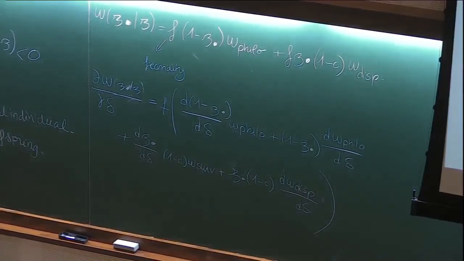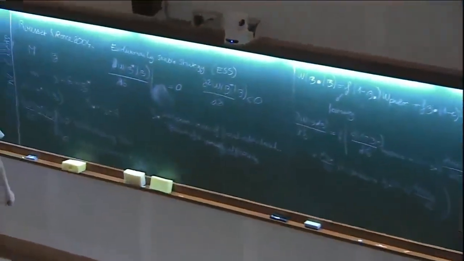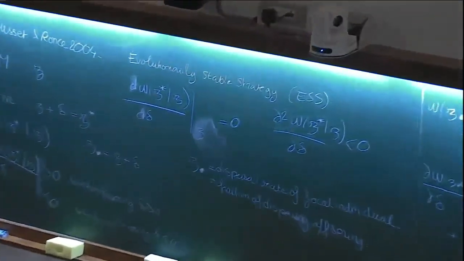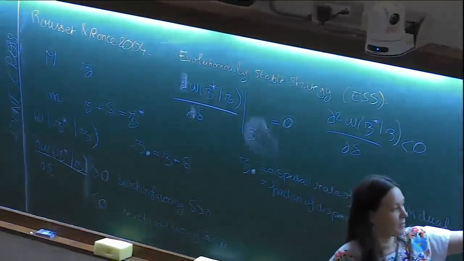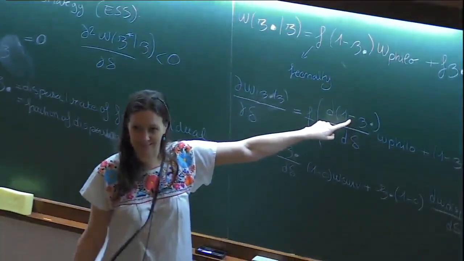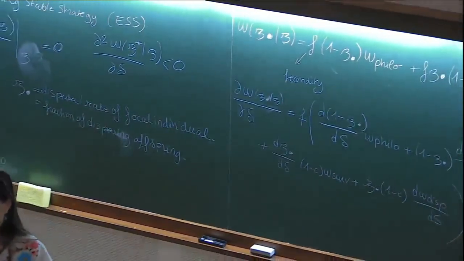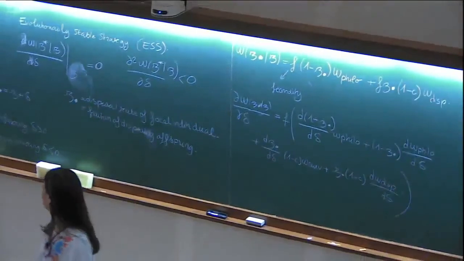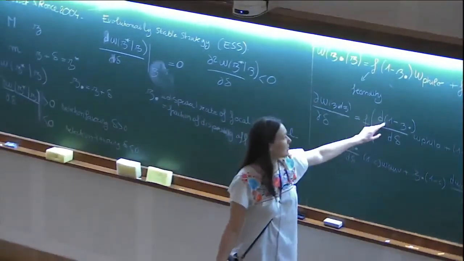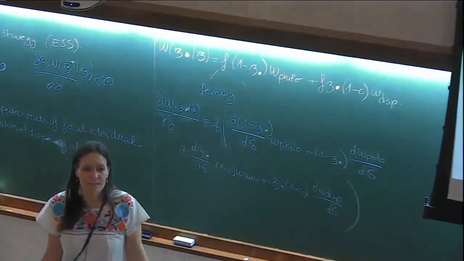So here, I assume that my focal individual has a little m. If I take the derivative with respect to delta of this quantity, what do I get? I've got 1 minus that, just minus 1.